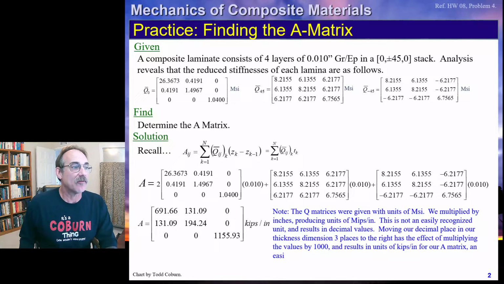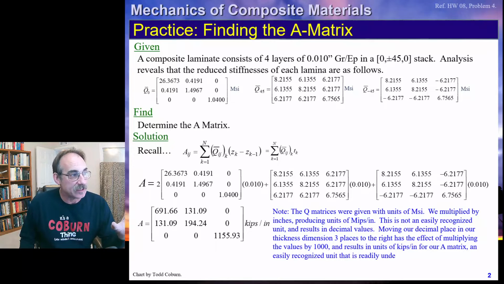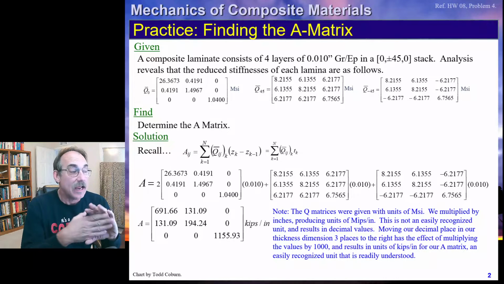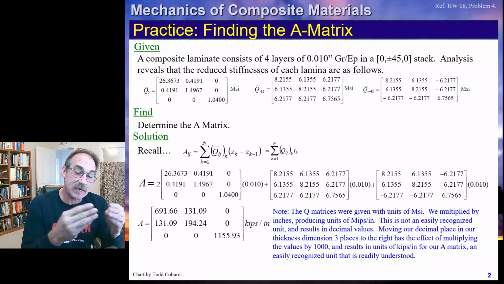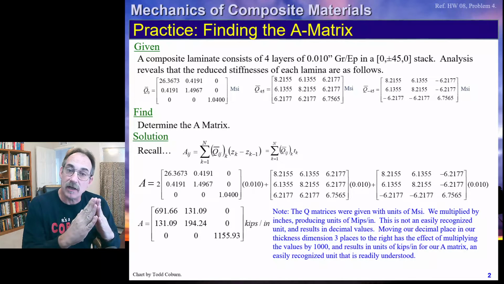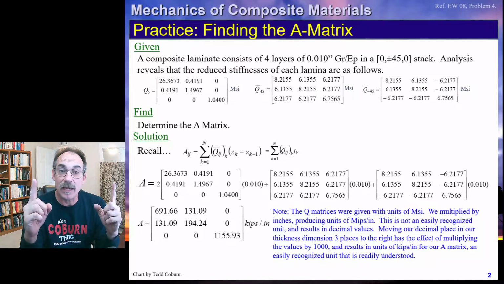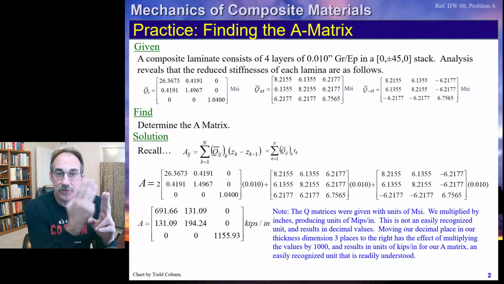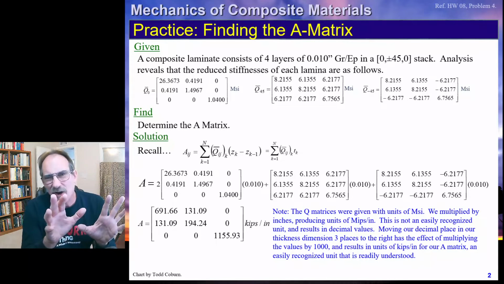You need to be a little bit careful. If you're using a program like MATLAB, and sometimes with our calculators, it can be hard. If we show this in pounds per inch, these numbers are going to be so big, without little commas to separate the 3 digits, it gets hard to recognize the magnitude of the number.